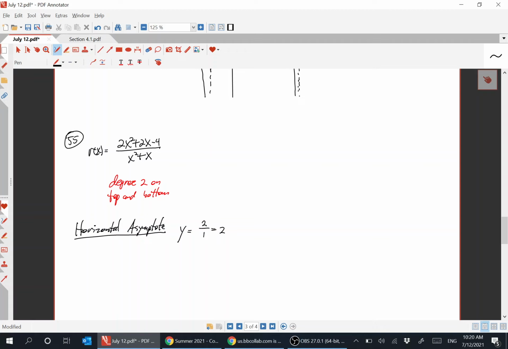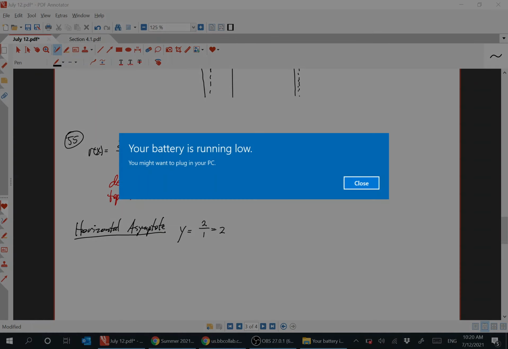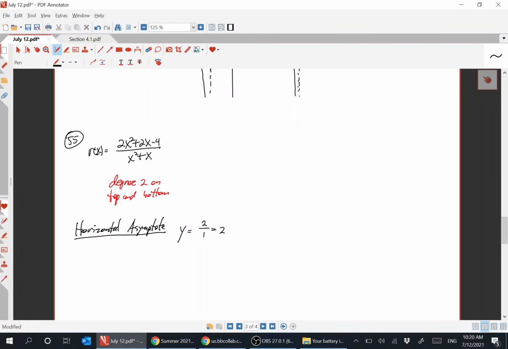Now you may be asking, what if the degree of the top is larger than the degree of the bottom? I'll give you an example of what goes on there, just for discussion, not material that I want to put on an exam, but so we get a more well-rounded picture of what the story is here.